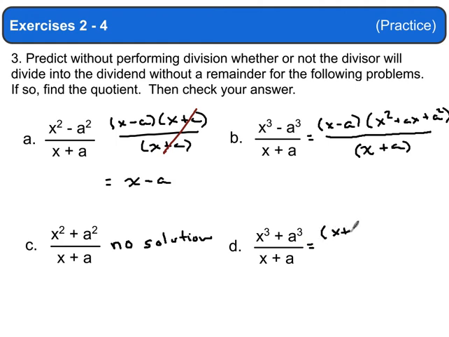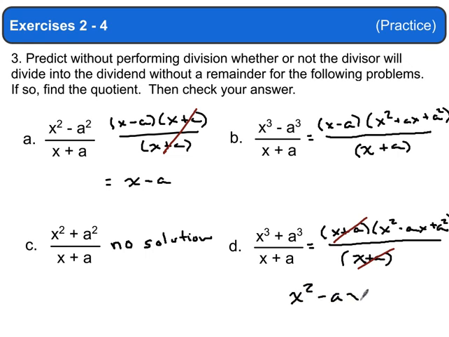X plus a, and then x squared minus ax plus a squared, and then we have our x plus a, and so this one cancels this one, and then you get x squared minus ax plus a squared as the result for that one.